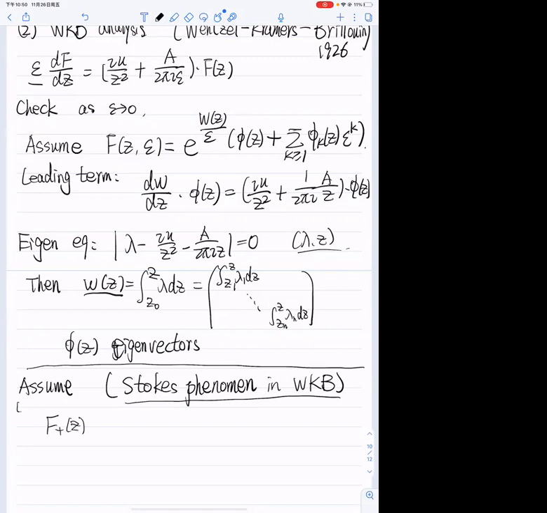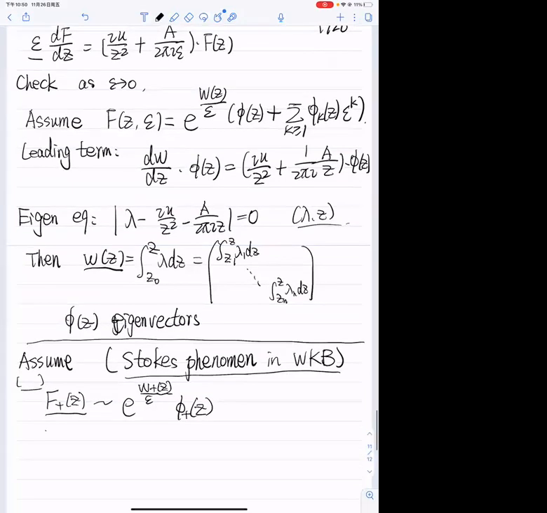This is not rigorous, but just to get a feeling, let's assume the canonical solution, specified by asymptotics at z equals 0, has the WKB type behavior, plus lower order terms which are ignored here, and f minus; we have f plus and f minus, and assume they have such leading behaviors.